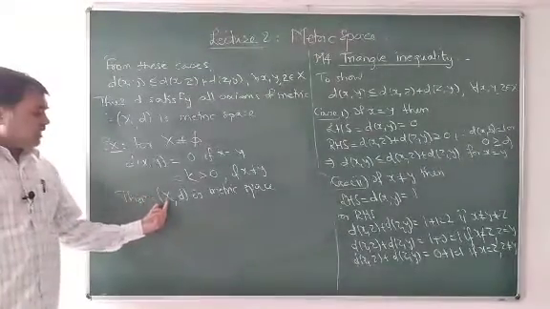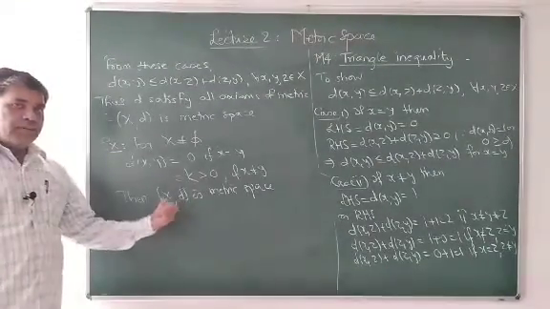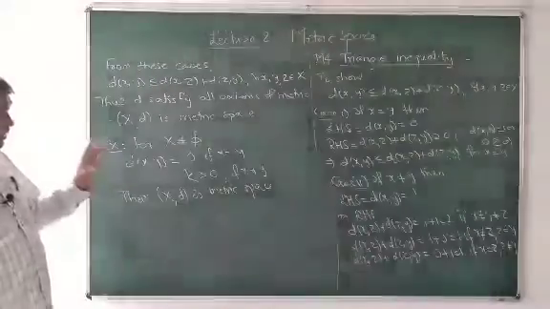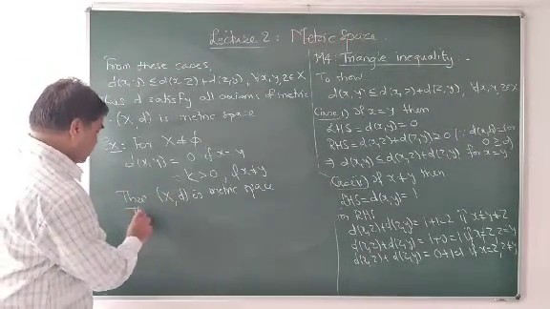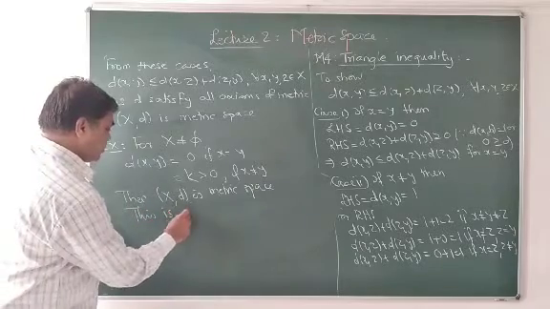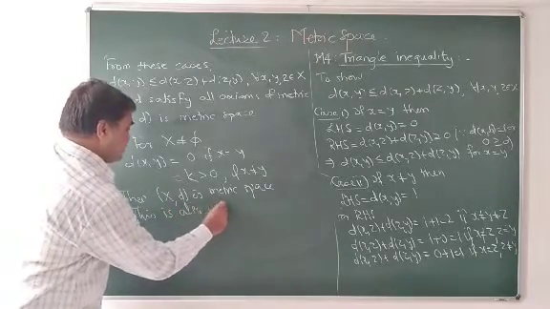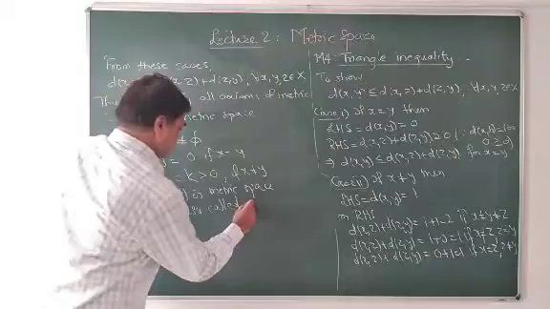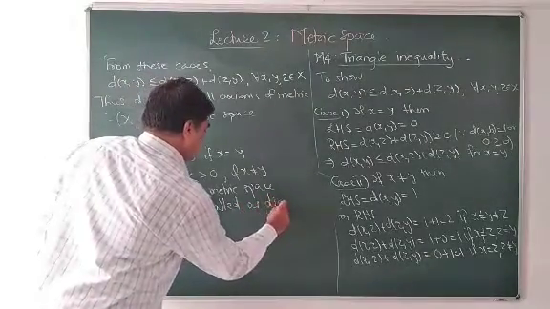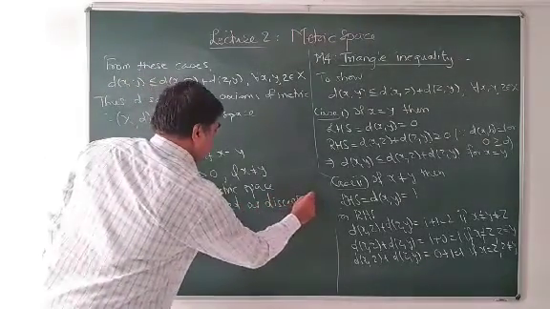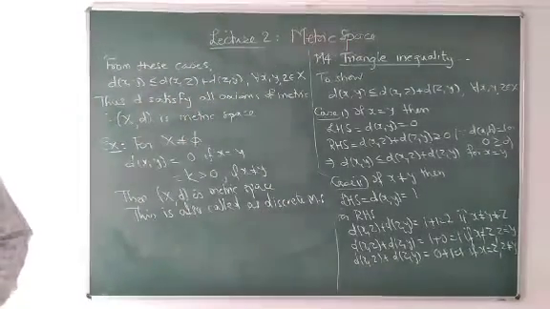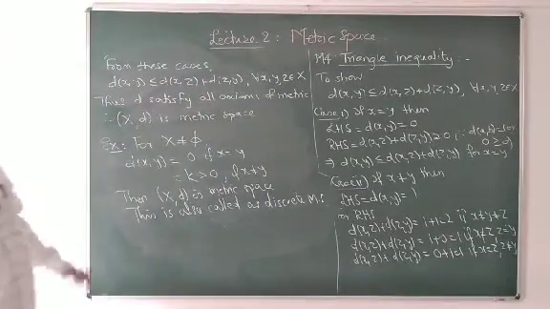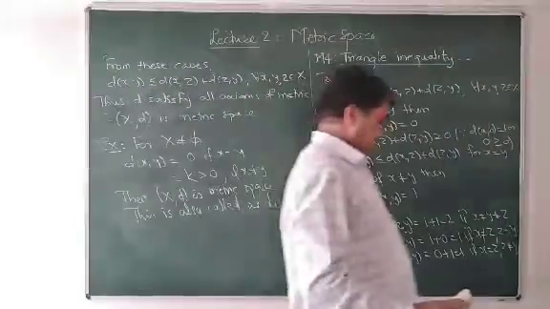So X together with the d function is a metric space. This is also called a discrete metric space. So whatever positive value of k may be here, it is a metric.